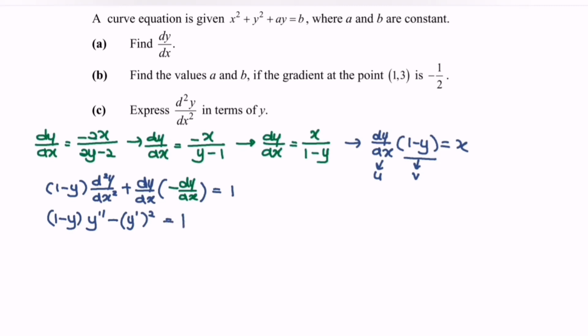Our focus is y double prime, so kindly rearrange. y double prime equals (1 plus (y prime) squared) over (1 minus y).